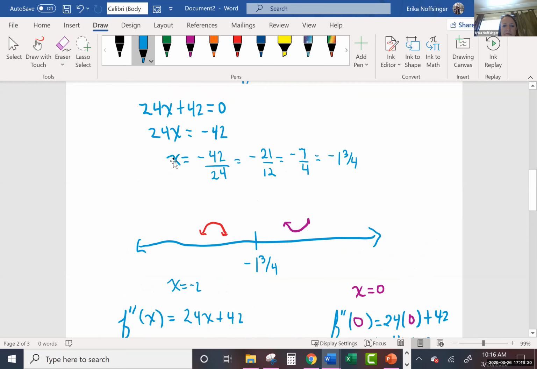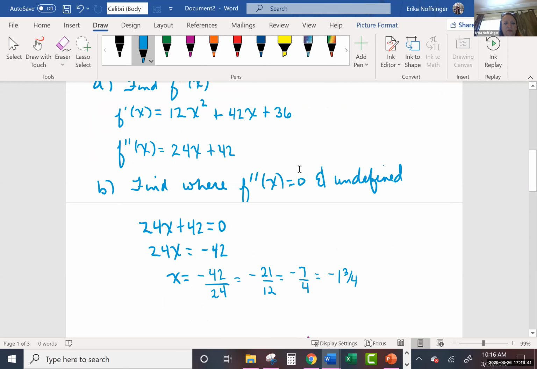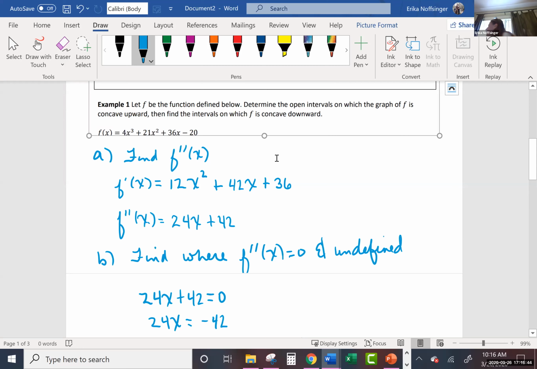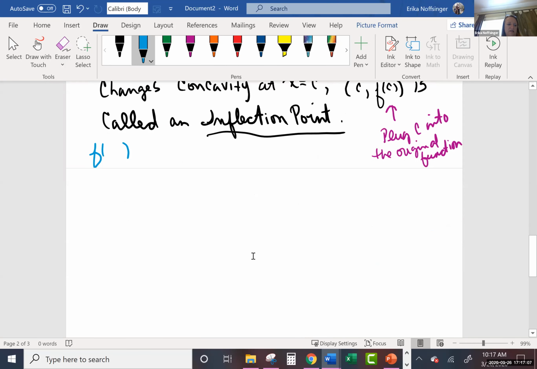I need the original function. Okay, so for original function, sorry, I need it down here.